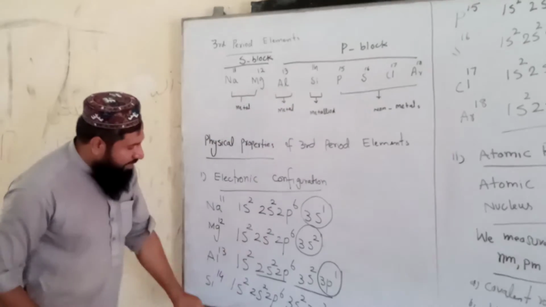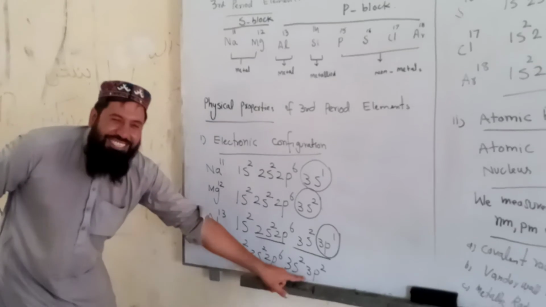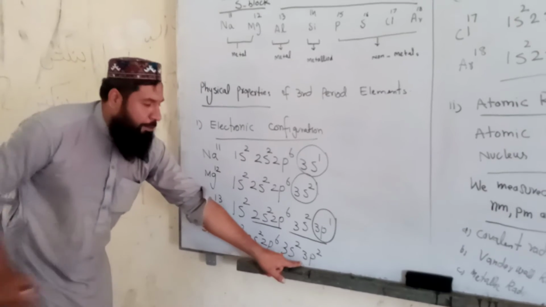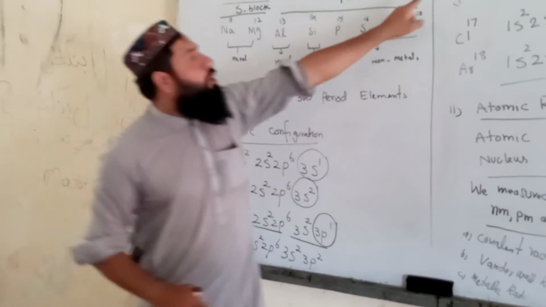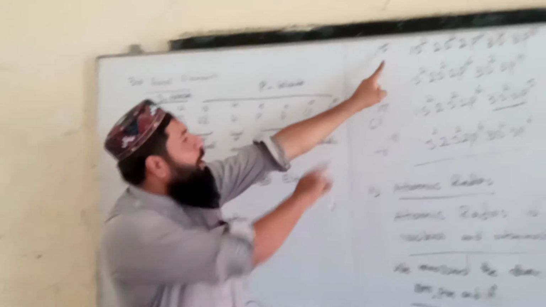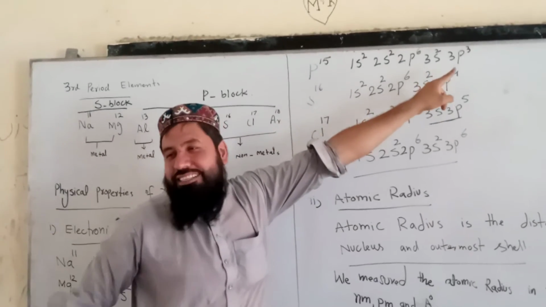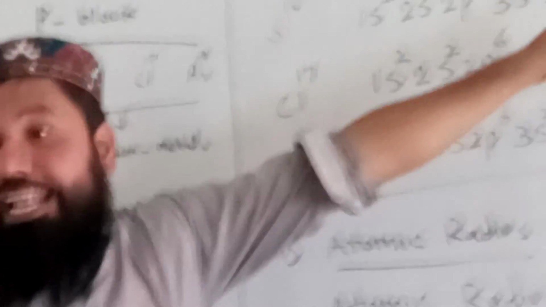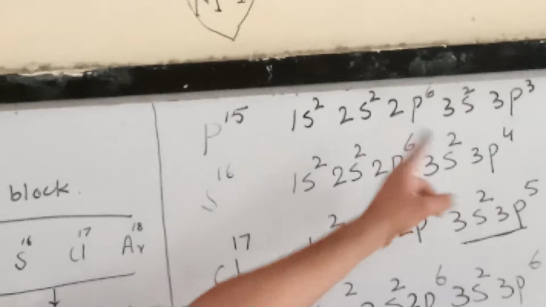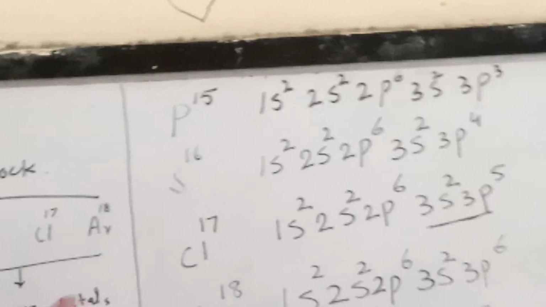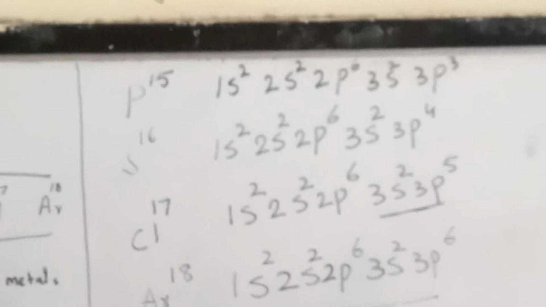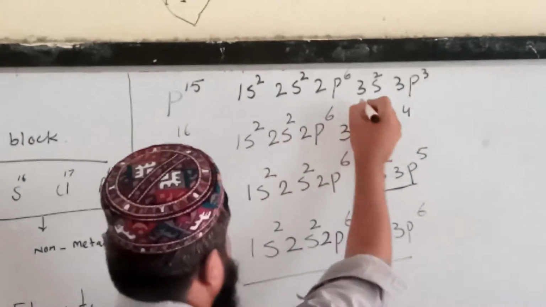Look at silicon, the outermost electron resides in the P subshell. So this is P block. Look at the phosphorus, the outermost electron is present in the P subshell. That is the reason they are called P block elements. How many electrons are present in the outermost shell of phosphorus?